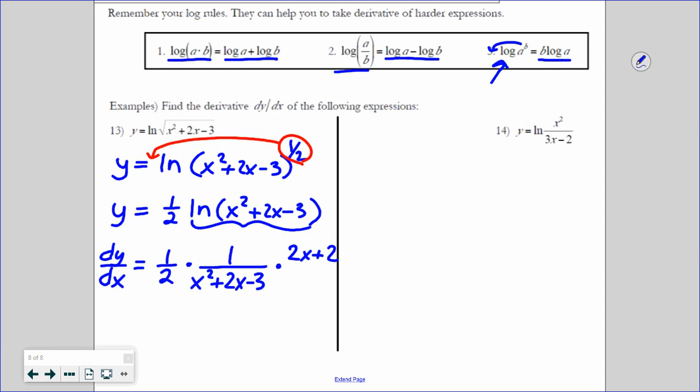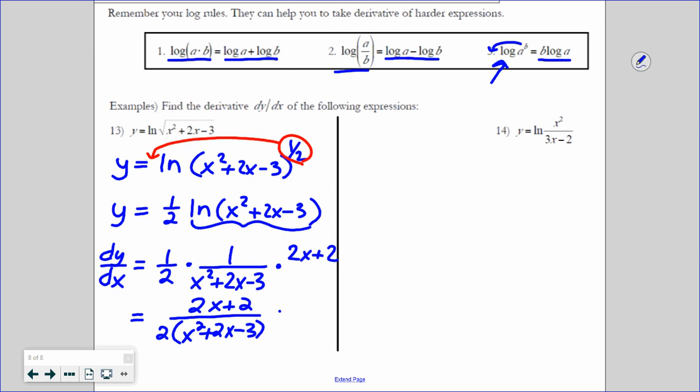Okay, now, as far as simplifying goes, I may just start by multiplying straight across, just to condense this thing. We'll end up with 2x plus 2 over 2 times x squared plus 2x minus 3.